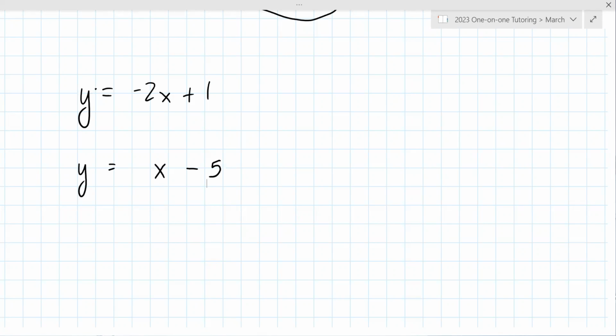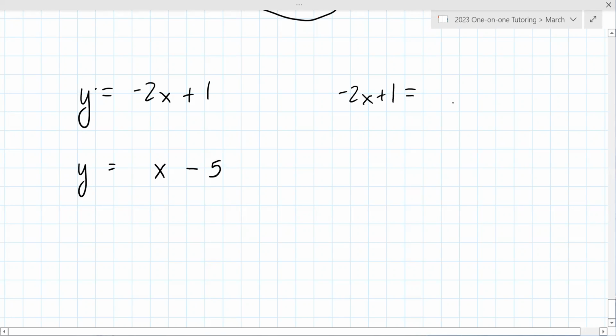How are you doing on this one? Oh, I wrote it wrong, I think. You have to set the equations equal to each other.